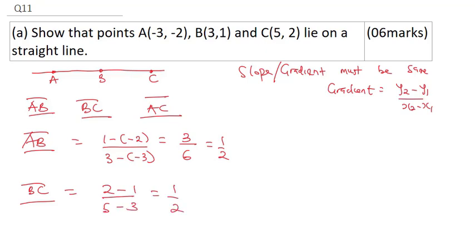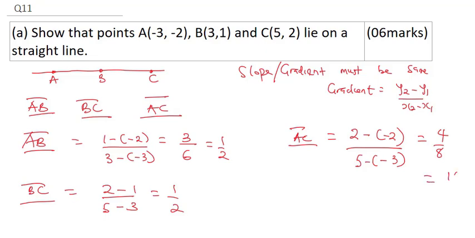Now, let's test for line AC. So, for line AC, it's going to be what? That's 2 minus 2 all over 5 minus 3. Now, this is 0 over 8, which is the same thing as 0.